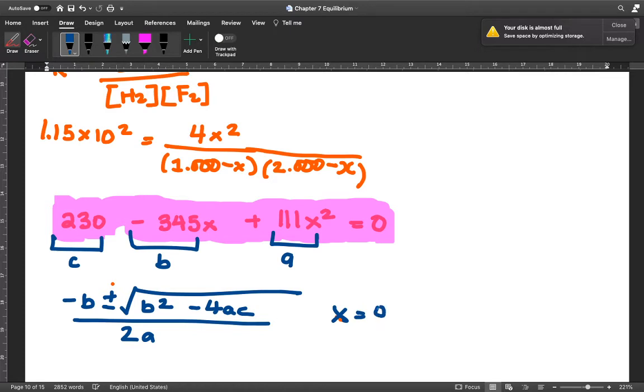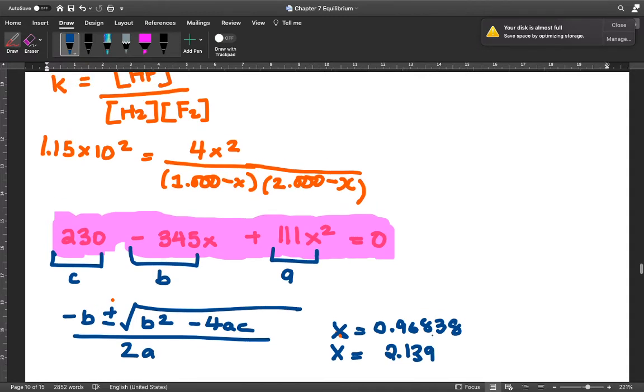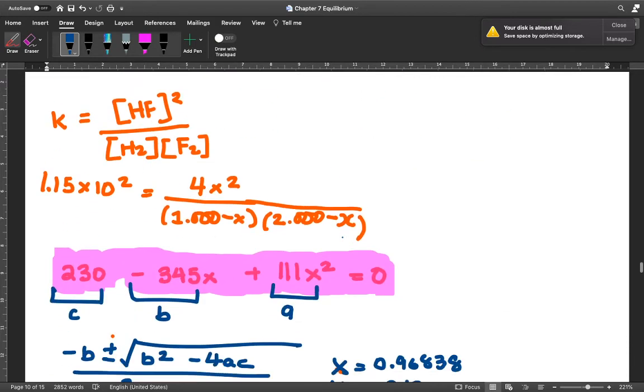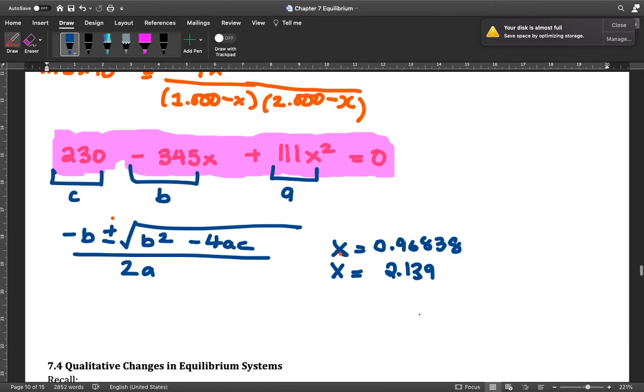So I first get 0.96838, that's the not rounded value, and I also get x is equal to 2.139. Now, this is like an example that we did earlier where I've got two positive values, but I have to think about which of these makes sense. So comparing it to the initial concentrations, I've got initial concentrations of 1 and of 2. Now I have to ask myself which of these does not make sense.